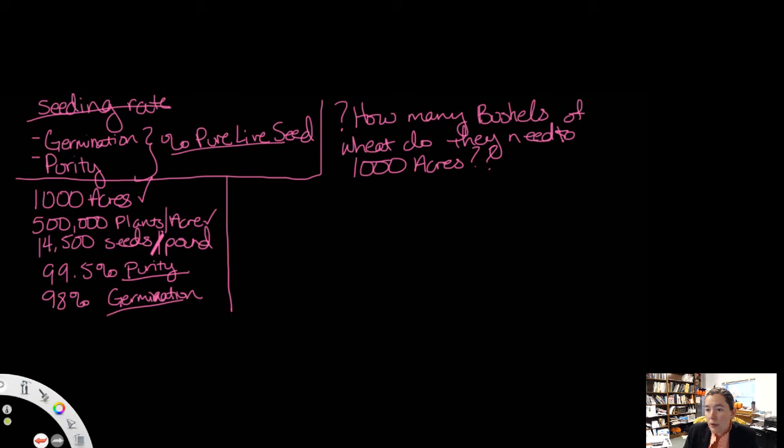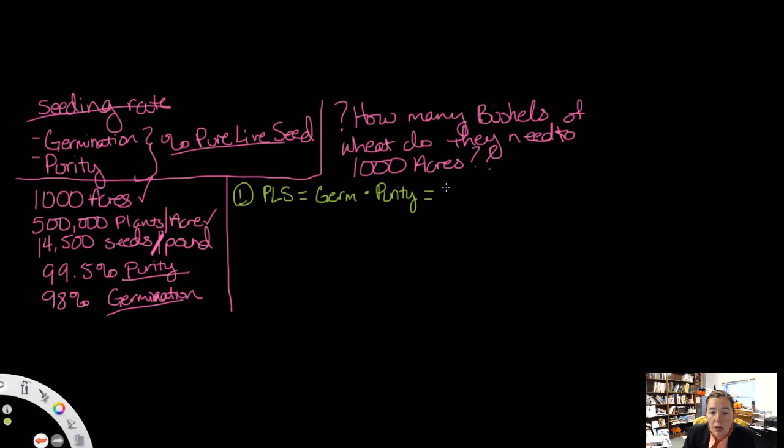Step 1, switch over to green. Step 1, we have pure live seed that we're trying to calculate, and that is equal to our germination times our purity.